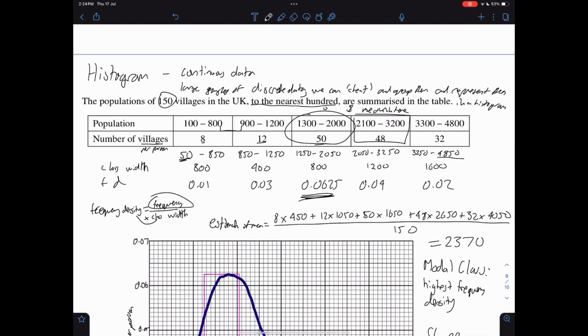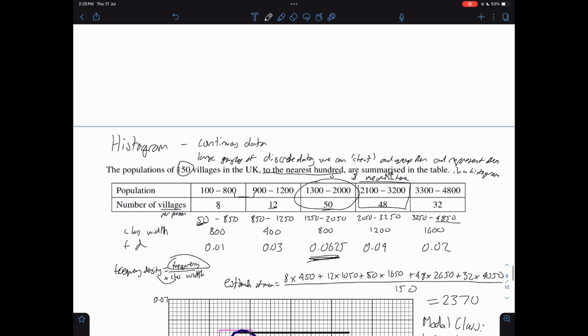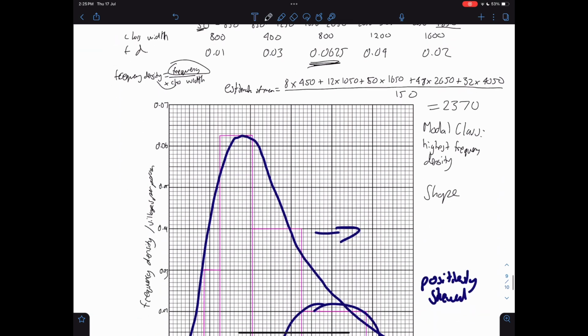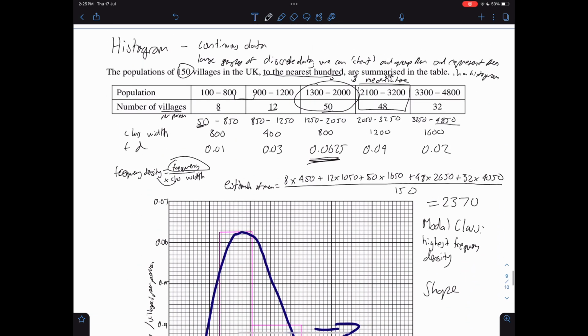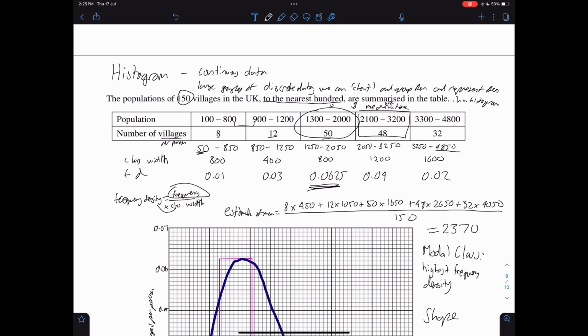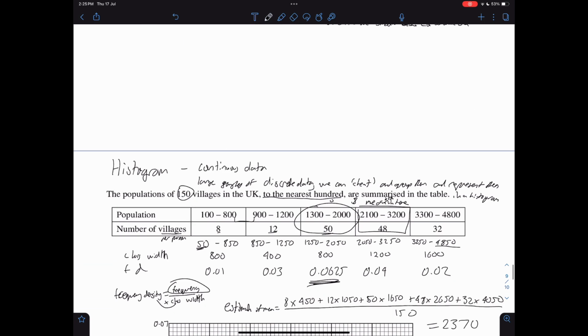So what we do is we do 5 over 48, because we're trying to find the fifth number in this class of 48, multiply it by the class width, which is 1200, and we add it to the lower boundary, to 2050.